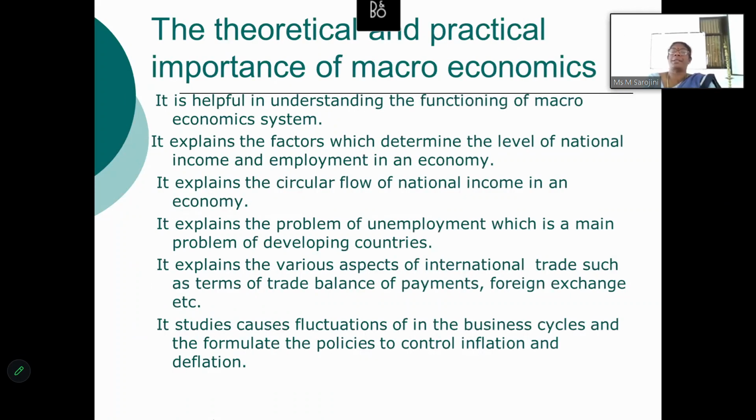And the last one is the theoretical and practical importance of macroeconomics. That means why we have to learn this macroeconomics. What is the importance of macroeconomics? It is helpful in understanding the functioning of the macroeconomic system.